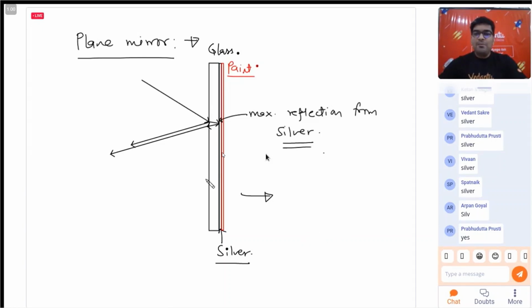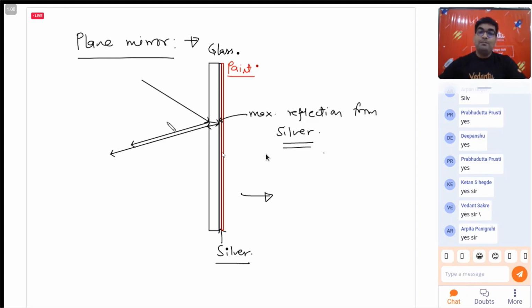How many images will we see? Does the thickness of glass play any role? When we are standing in front of it, I should see one image directly from the reflection from the top surface.